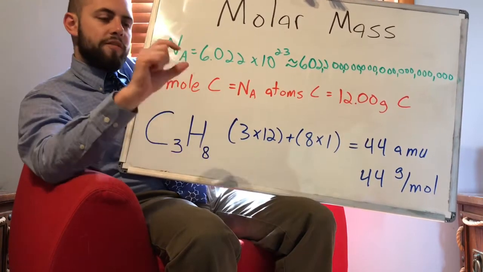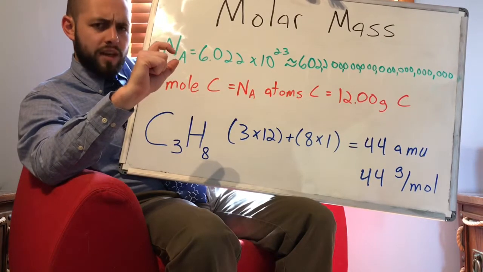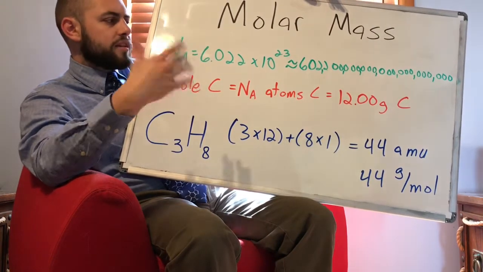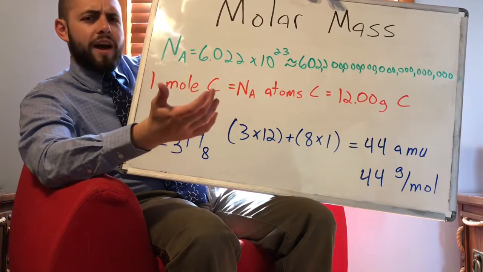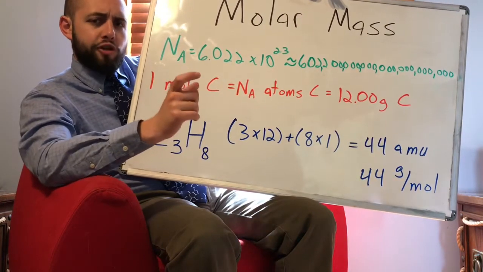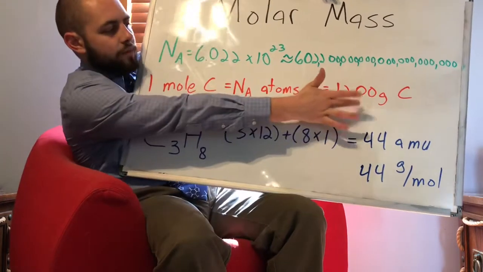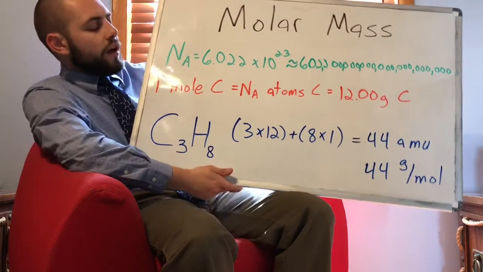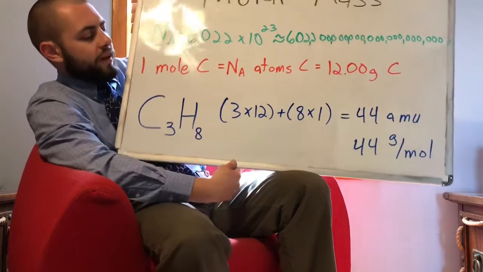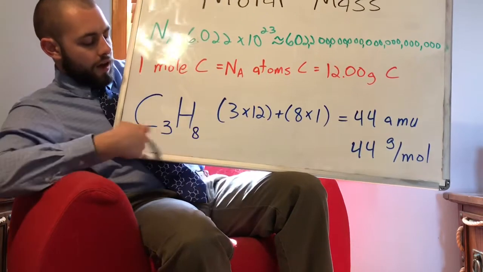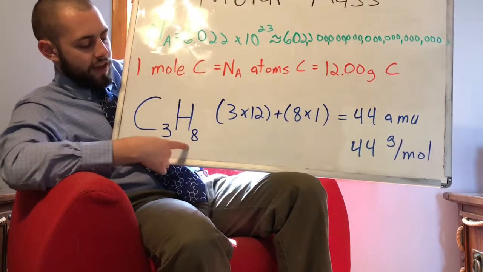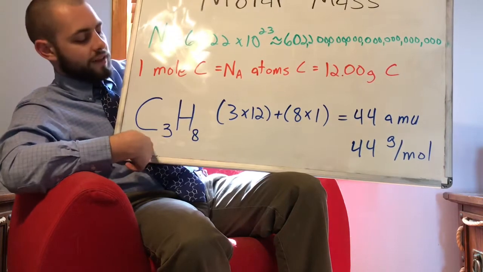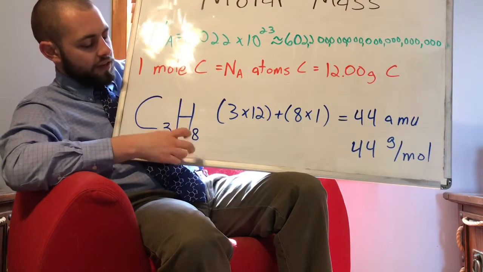It helps us go from a very, very small measurement, atomic mass units, to something that we could visualize or that we could actually measure with a balance, grams. We have equipment that will measure in grams. And then down in blue here, I've got one more example. This is propane. We've talked about propane a few times in class, C3H8.